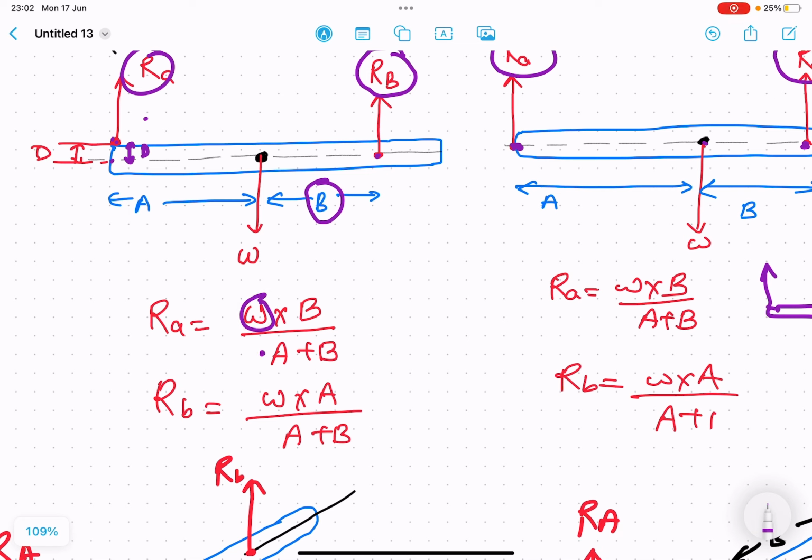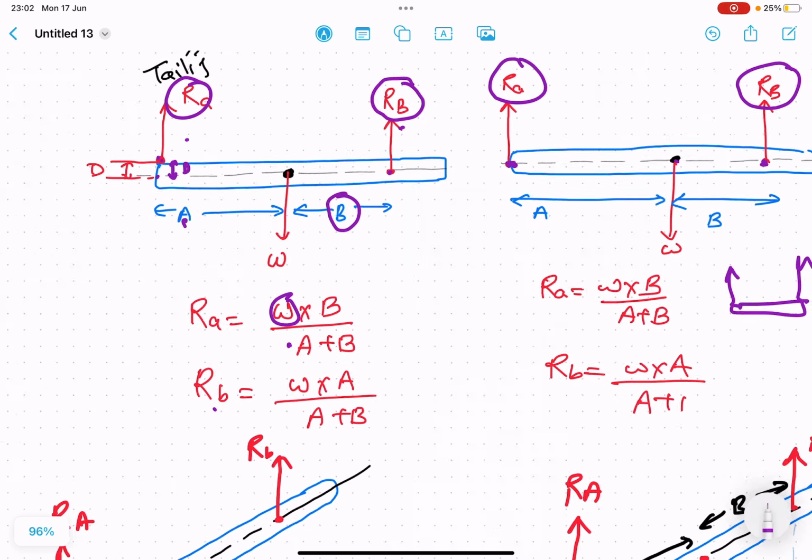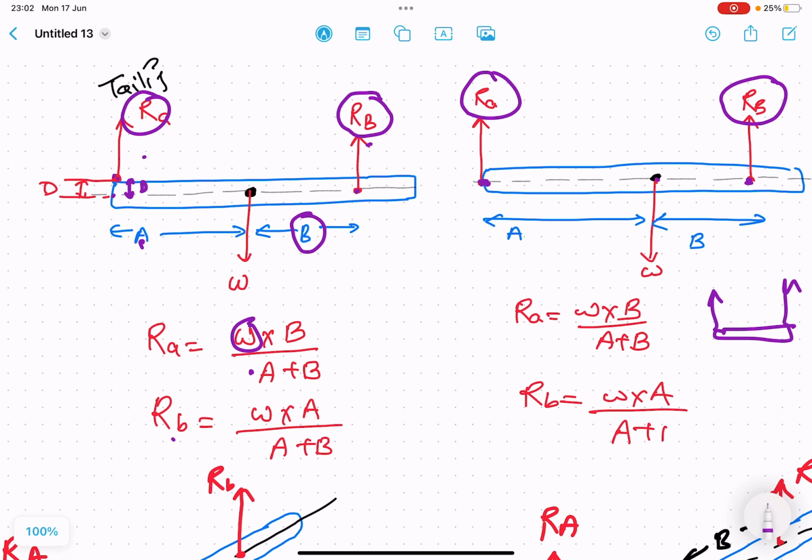RB similarly comes out to be opposite distance into total load divided by A plus B. Simple lever rule. In the lever rule, we have to apply the perpendicular distance between the lines of action of the forces. It is simple, there is no need to explain it in much detail.